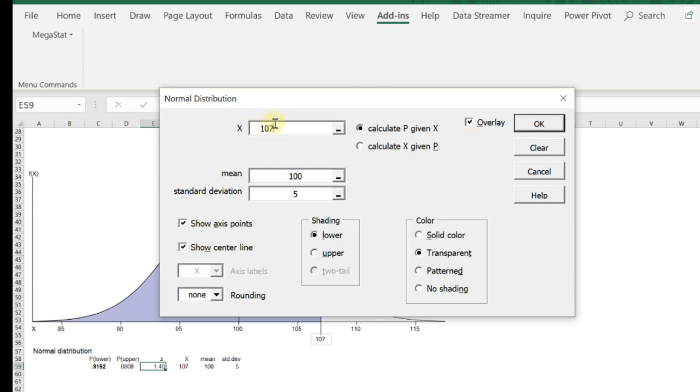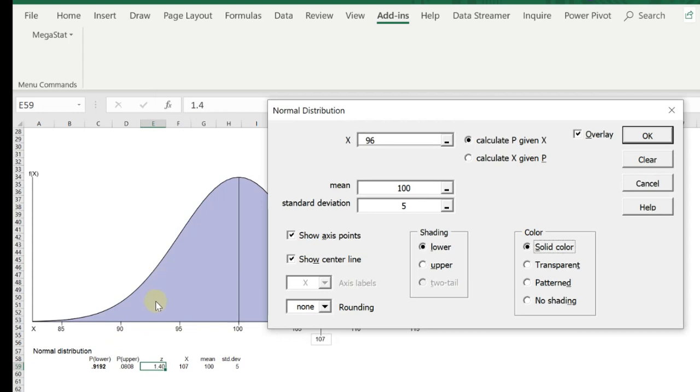And then change this now to 96. Everything is the same. Now change this to solid color, otherwise it's going to be confusing. Because it's overlaid, you're going to see a shaded region in here. Let's hit OK.